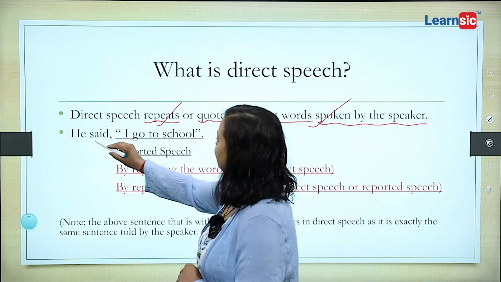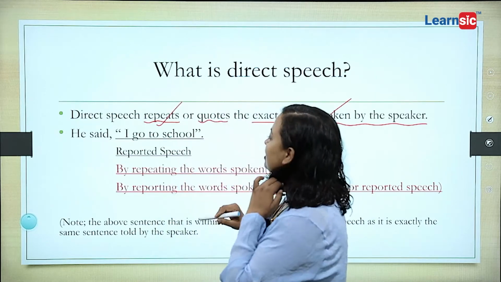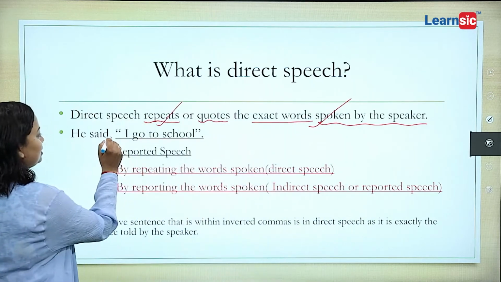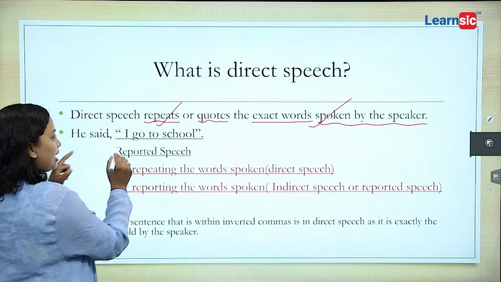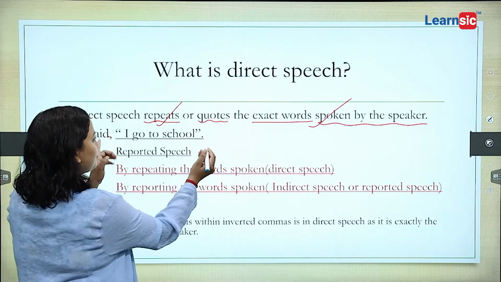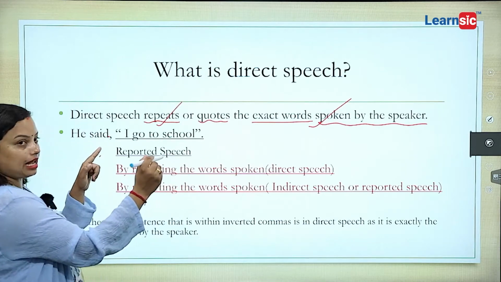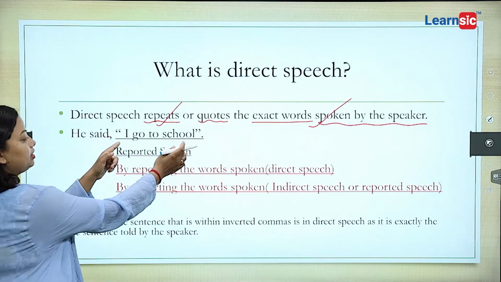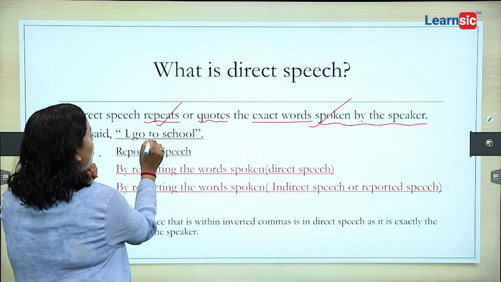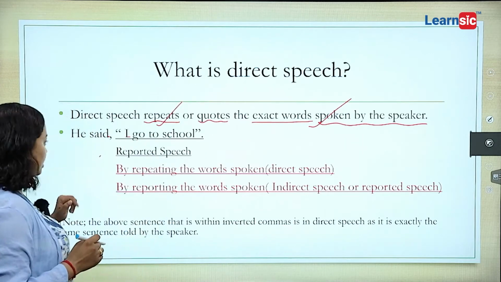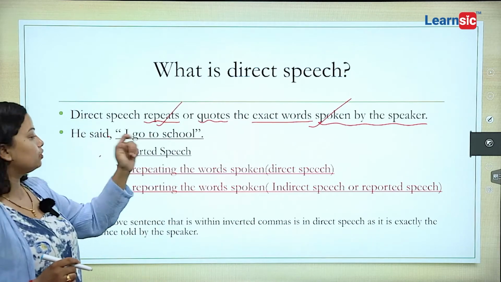Now see the things. He said, and after that, what is there? Comma is there. And then double inverted commas quote गरेको छ है. No need to underline. मैले यो highlight, actually, I have highlighted the very things. I go to school. He said, I go to school.